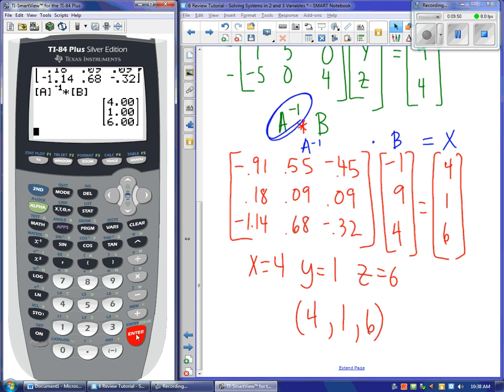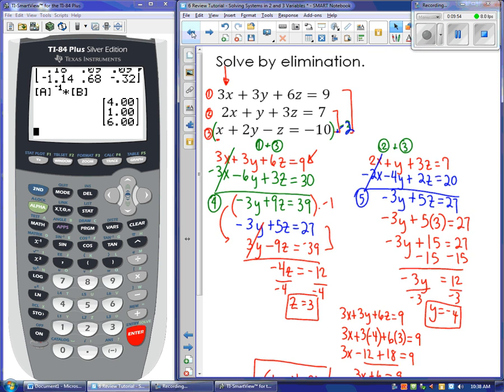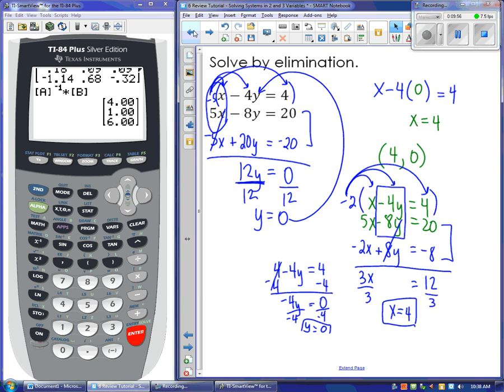Let's actually go back and try one of the other problems that we tried earlier. I'm just going to copy and paste. We can actually do it with a 2 by 2, or two equations, as well. So in this case, let me give myself a little bit more space. In this problem, we had x minus 4y equals 4, and we had 5x minus 8y equals 20.